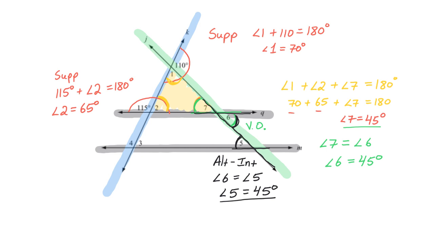Looking at the other side of my picture, I have angle 3 and angle 4 left over. Again, I have two parallel lines and a transversal. Here are my two parallel lines. This is my transversal. Because I want to know both of these angles, I want to see what kind of relationship I can find.